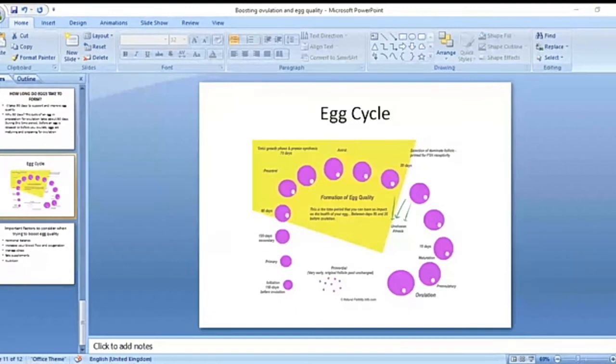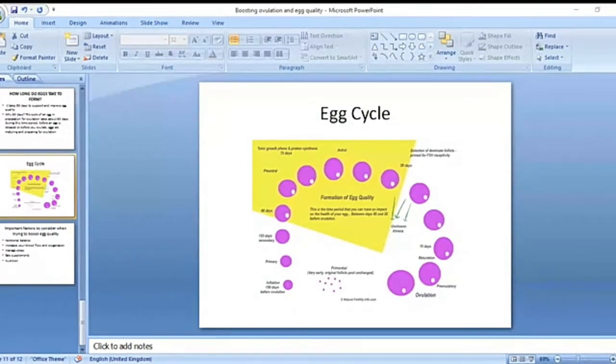There's something you can do to improve egg quality, in as much as a lot of doctors do not believe you can work on egg quality, but research has actually proven that you can improve egg quality. We have seen where people use supplementation, and a lot of supplements have also been known to help with egg quality.